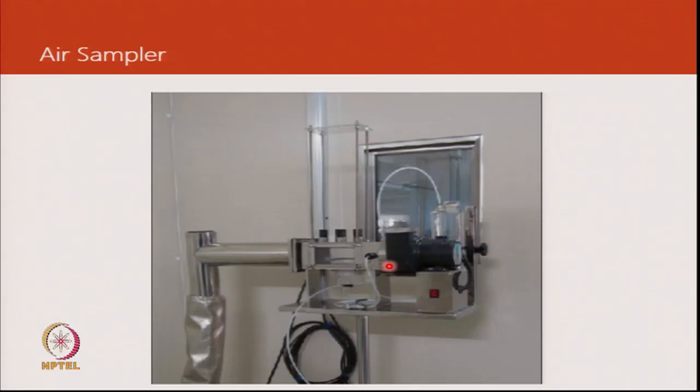Then when you are doing all this, we need to be taking an average value of the temperature and humidity to get to the enthalpy. So a unit of this nature would be connected to a set of pickup points. These are tubes with multiple holes, and the small blower here is essentially taking air from multiple points and passing it over the sensors to give us an average value of the air condition.